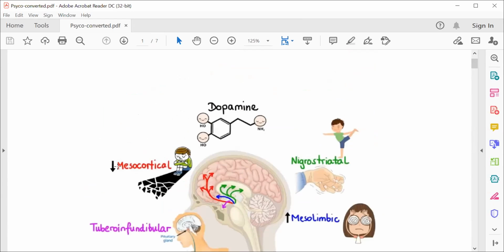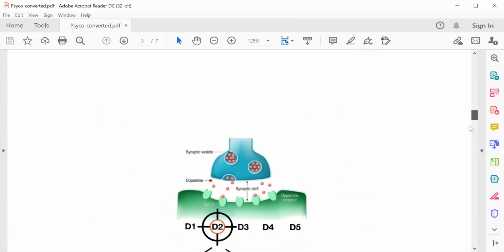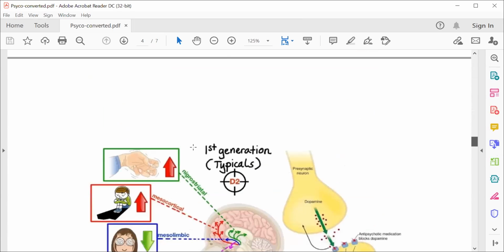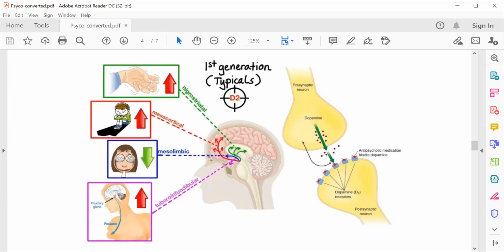Here the decrease, this is the disease. So when I take a first generation antipsychotic here, it decreases more the dopamine effect in the brain, because I'm blocking the receptor.